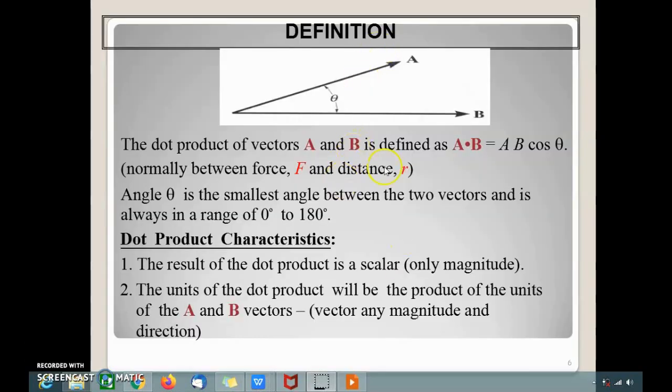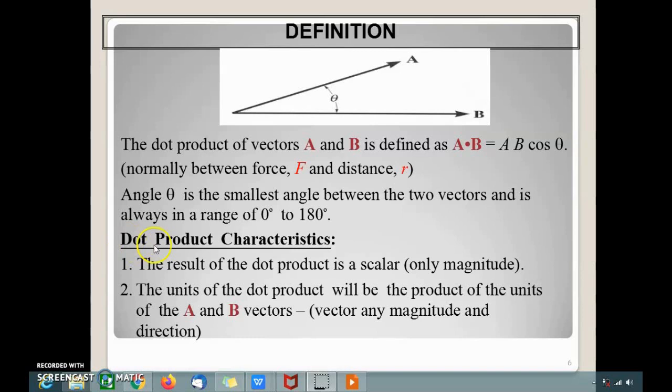Okay, let's look at some theory about the dot product. If you have two vectors, A and B, A dot B is equal to A B cosine theta, normally between force F and distance R. Angle theta is the smallest angle between two vectors and is always in a range of 0 degrees to 180 degrees.